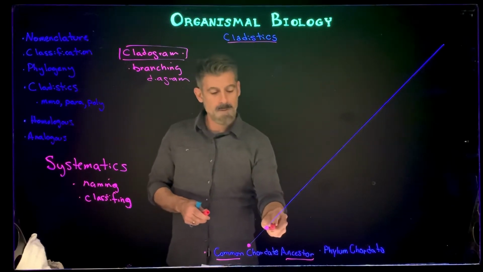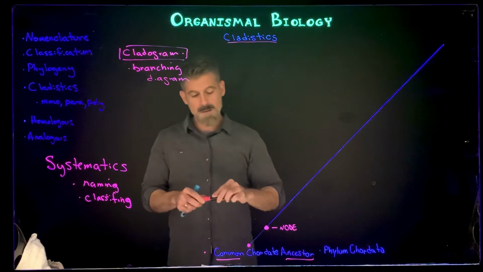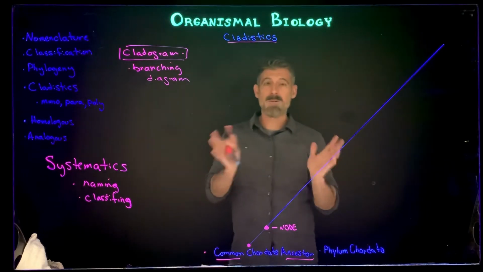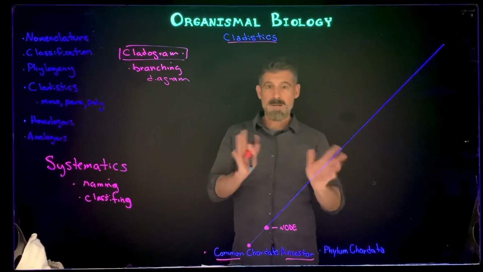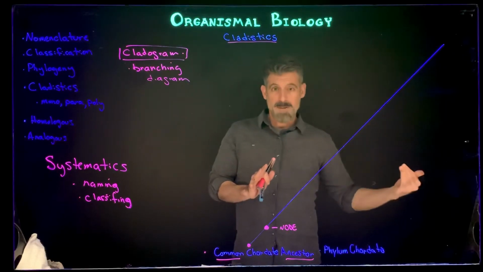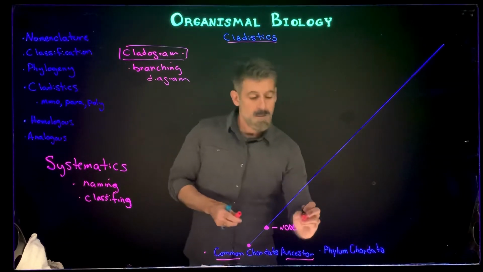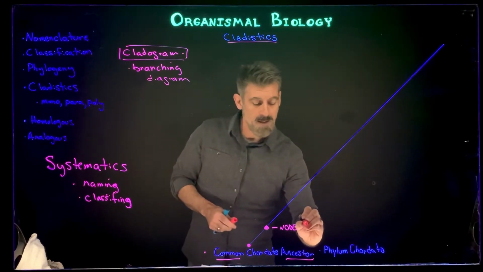Now we come to what's called a node. The way to think about a node is as a decision point. That's what the cladogram really is, sort of like a decision matrix, yes or no, for certain particular features. We're going to have our first node, and we're going to say, do they have vertebrae or not?